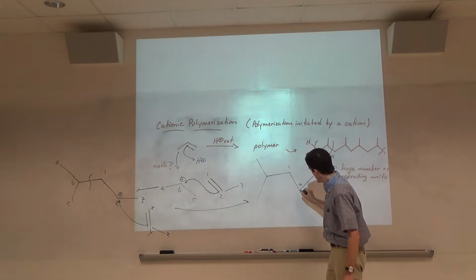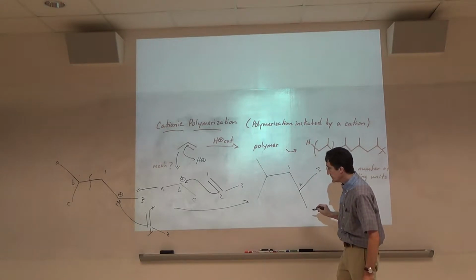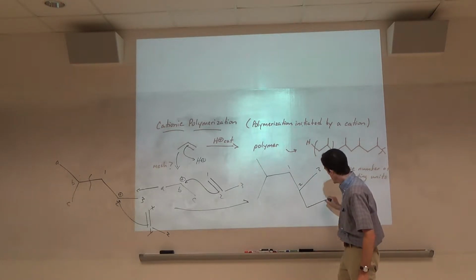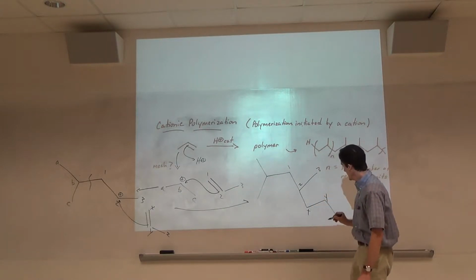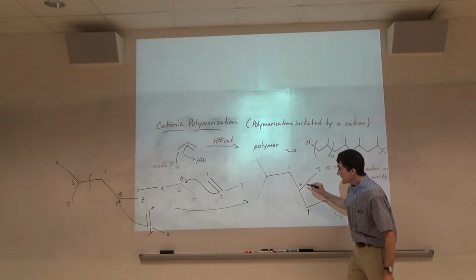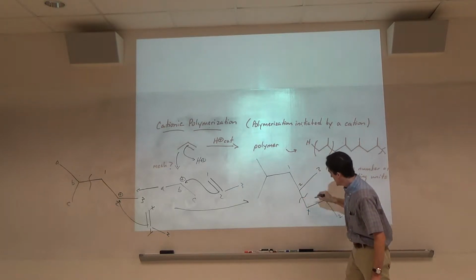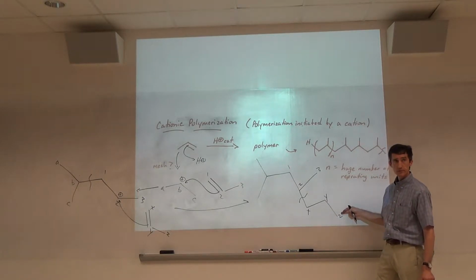Now bonded to 2 is what? X. And X is bonded to Y and Z. X, Y, and Z. What bond did we just make? X to 2. And in this reacting alkene portion originally, where's the carbocation?